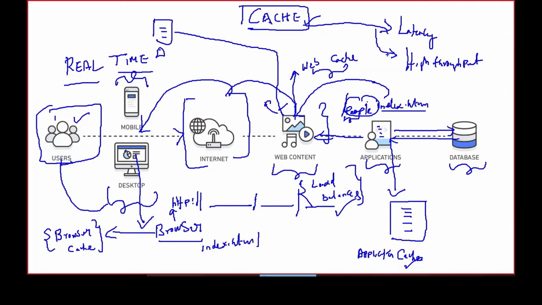I told you the problem, but the solution is that at each level there must be something called caching, because every time you don't need to process the information. The second time, third time, if you are looking for the same information, there is no point in wasting time on processing, on reading and doing stuff in the processor. Since we have the data already in place, you can provide the same processed information again to the user so that it enhances the performance a lot.